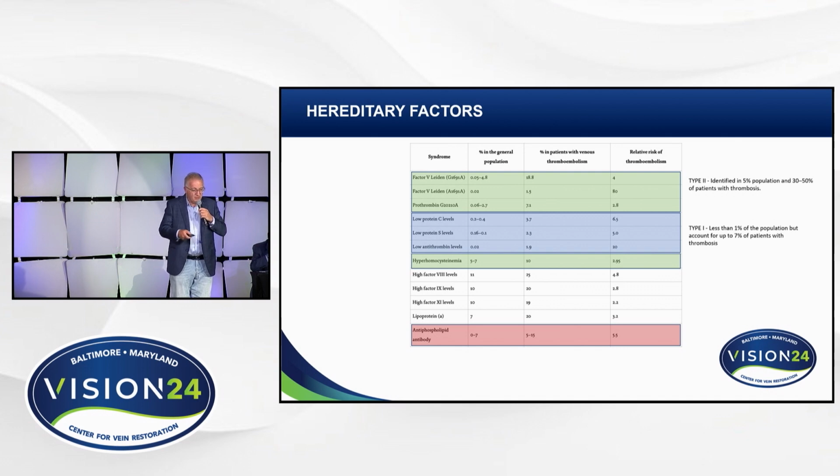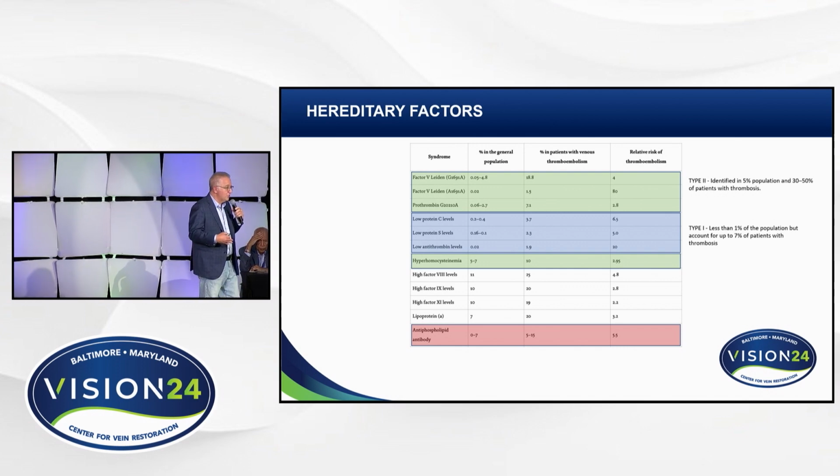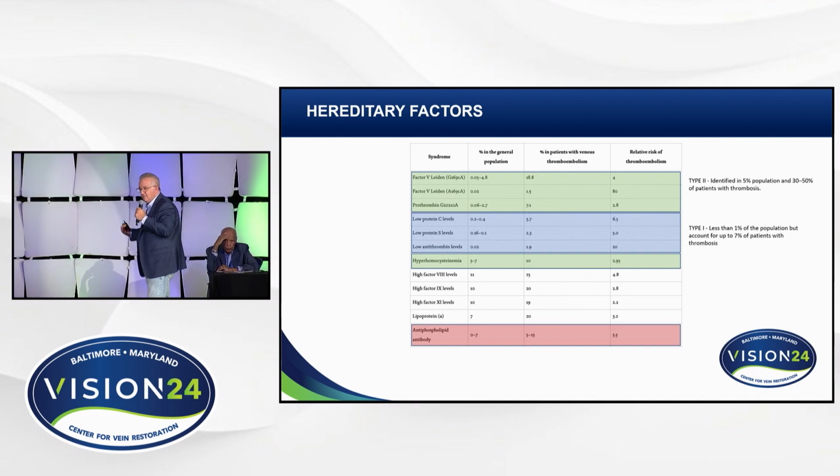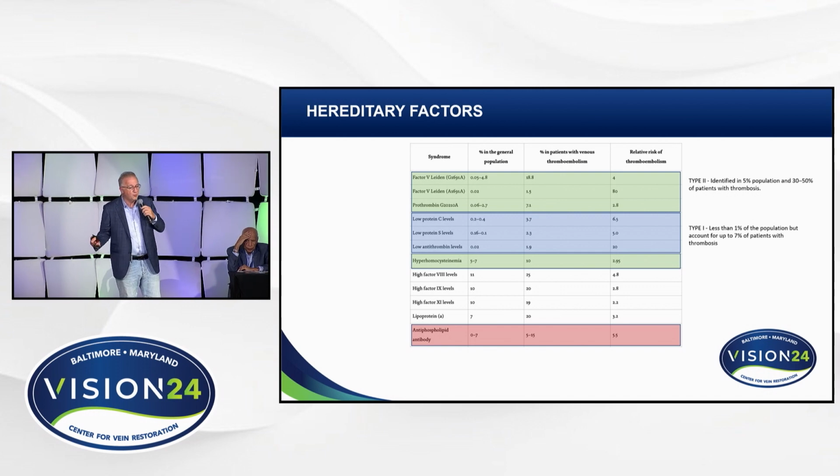So this is actually out of the Society of Hematology, separate from their guidelines, and they break down the hereditary risk factors as type 1 or type 2. Type 1 are really rare conditions, and it's a small percentage of the population who presents with VTE. Type 2s, like the factor V and prothrombin gene mutations, those are more prevalent, 30 to 50% of the population who present with thrombosis.